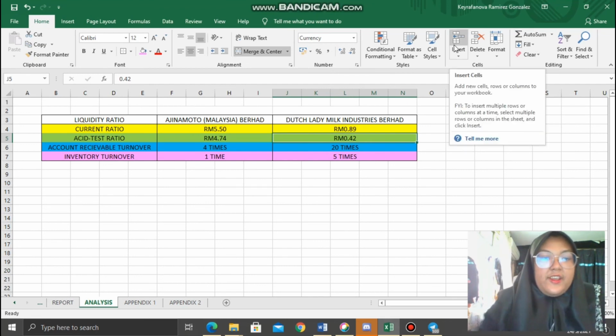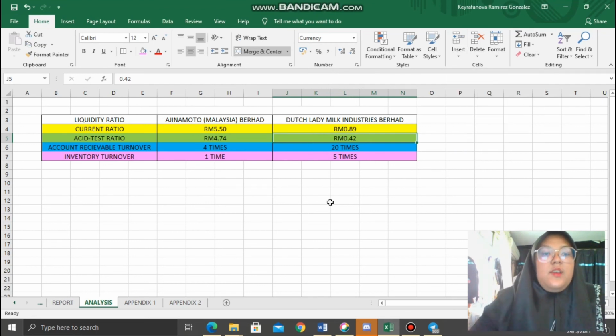And for the account receivable turnover, we can see how many times the company can collect their account receivable throughout the year. For Ajinomoto Malaysia Berhad, they can collect their account receivable up to 4 times. Meanwhile, for Dutch Lady Milk Industry Berhad, they can collect their account receivable 20 times per year.